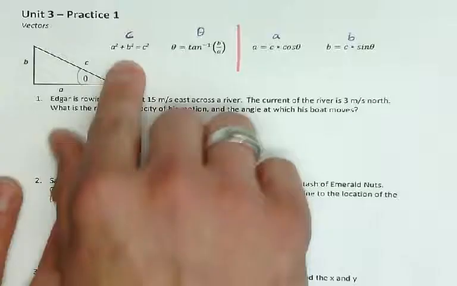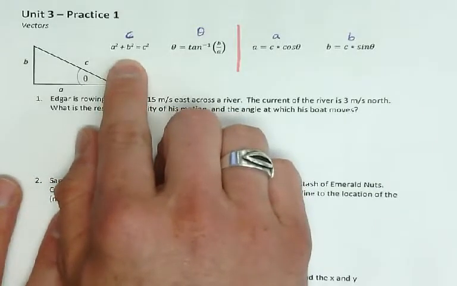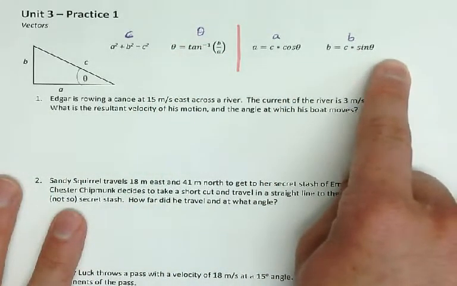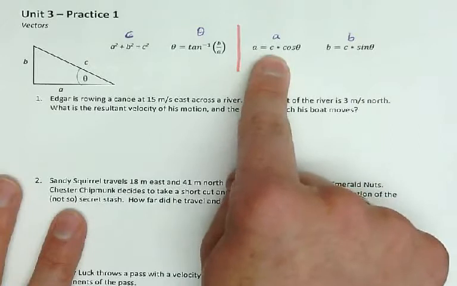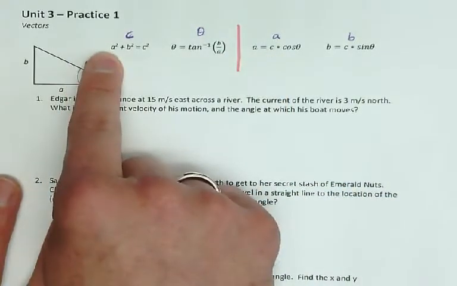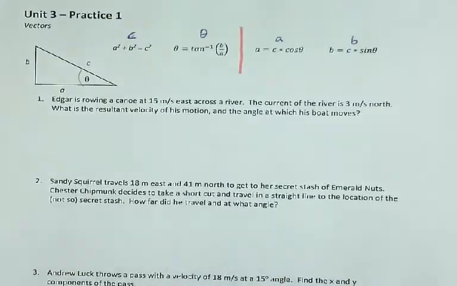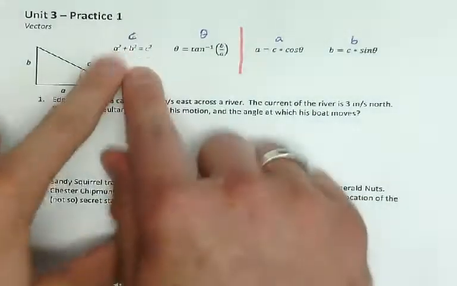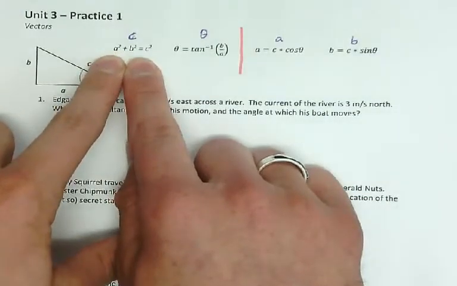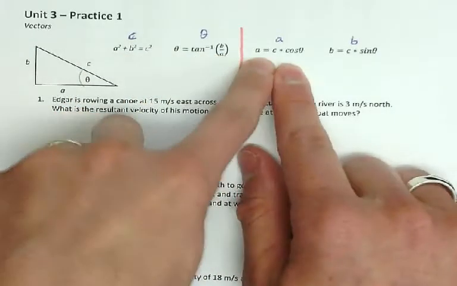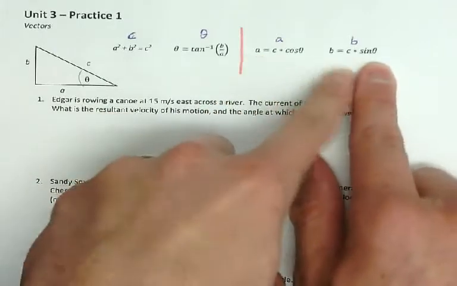Yes. Once you have Pythagorean theorem, you can technically use any of these to find theta. Likewise, once you have A, you could use Pythagorean theorem to find B. So there's lots of ways to go about it. But this is the way that is going to be easiest for you. Pythagorean theorem to find C, tangent to find theta, cosine to find A, sine to find B.